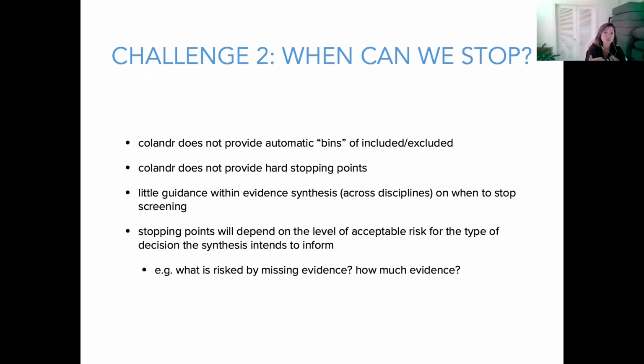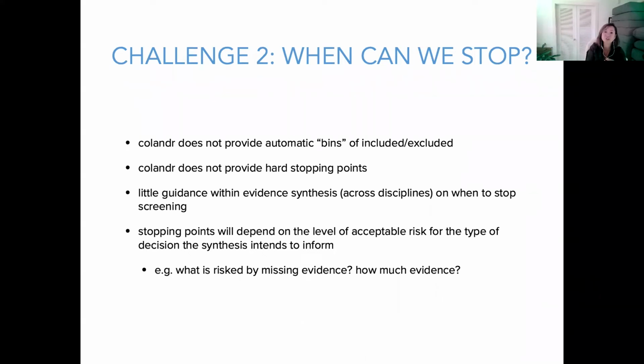And theoretically, you could ignore the ones on the bottom, which would help you save time and resources. But unlike other machine learning powered review platforms, Colandr doesn't automatically sort citations into groups of included and excluded. And it doesn't tell you that there are no more relevant citations remaining. I'll talk a little bit about the rationale behind that in a minute.